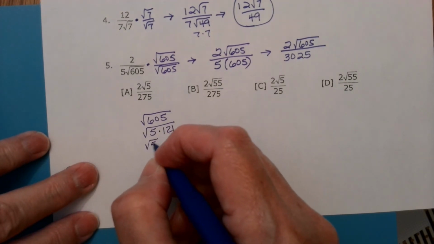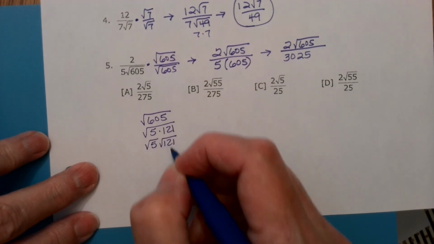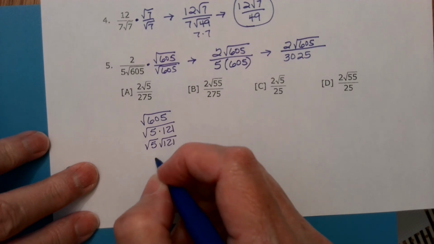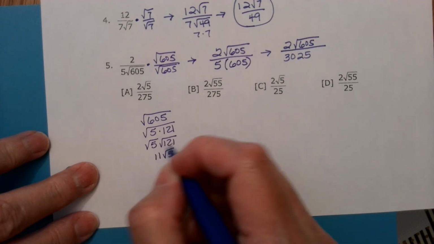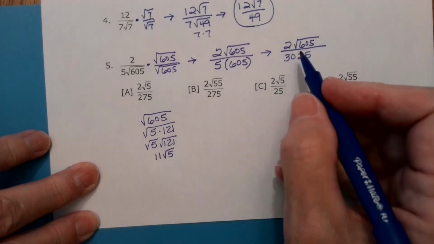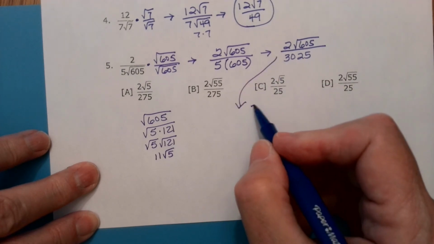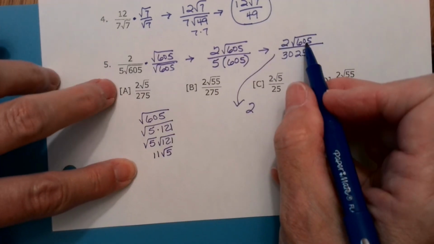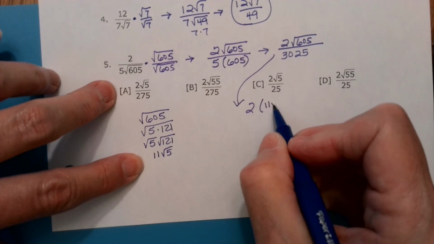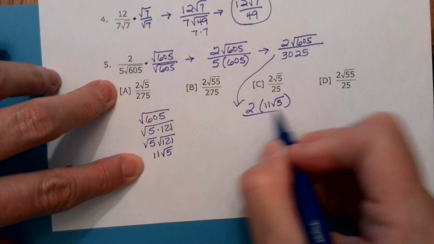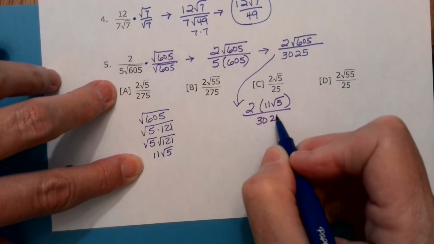So this is the square root of 5 times the square root of 121. So that's the same thing as saying 11 times the square root of 5. I switched the orders, didn't I? Okay, so let's take this down here, and I'm going to change this square root of 605 to 11 times the square root of 5. And it's over 3,025, right?